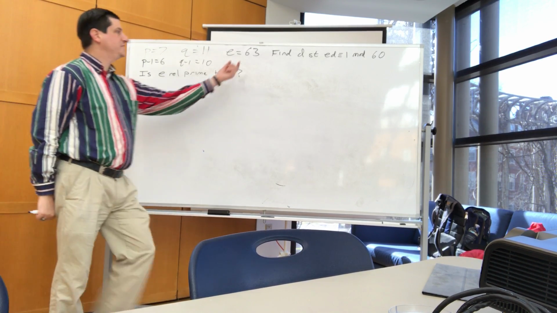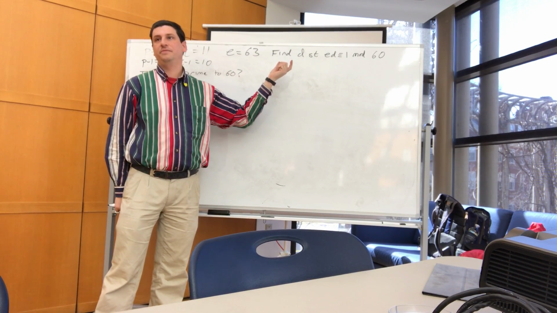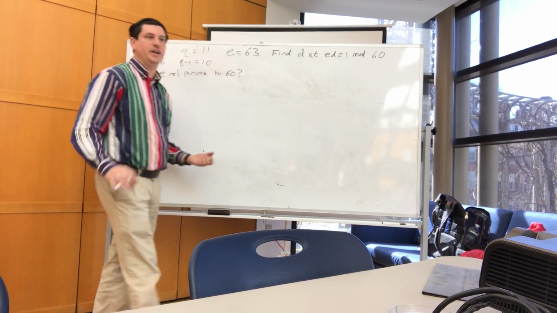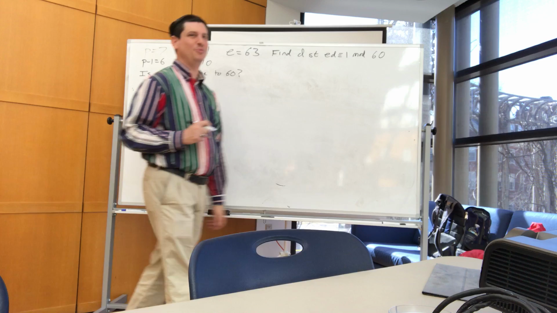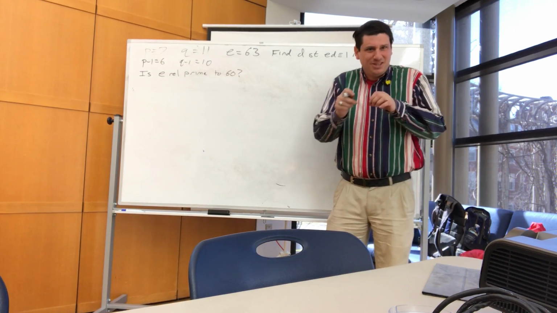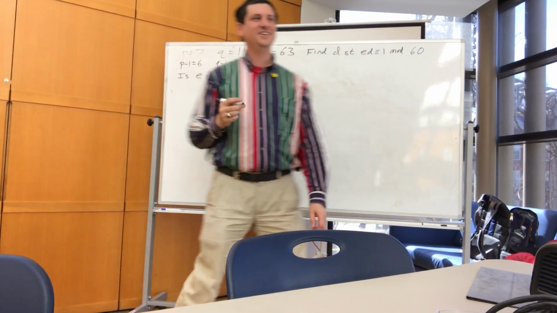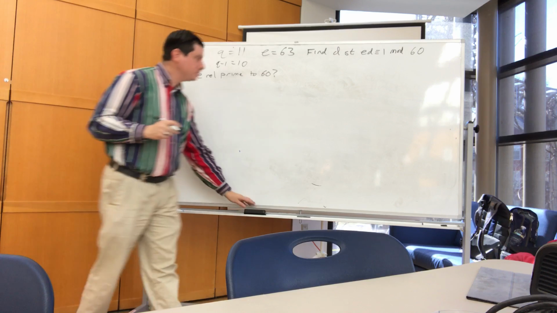So if we tried to find a D, we would fail. So we have to change our E. If you chose P and Q to be really big primes, this would almost surely not happen. But because our primes are 7 and 11, these are dinky little primes, barely two digits, it's quite likely that you will have a collision. So we have to try a different value.